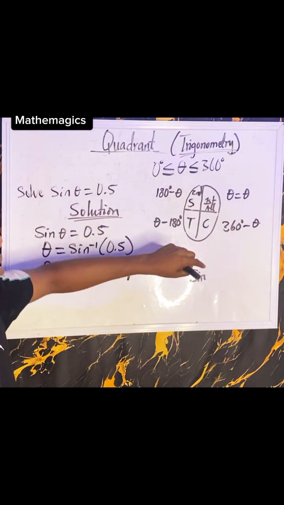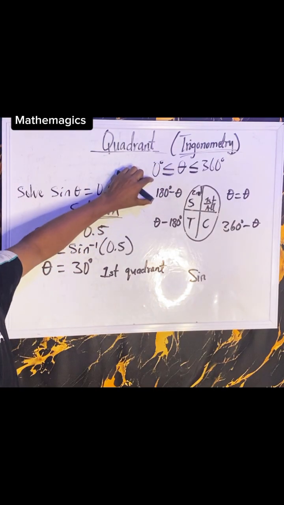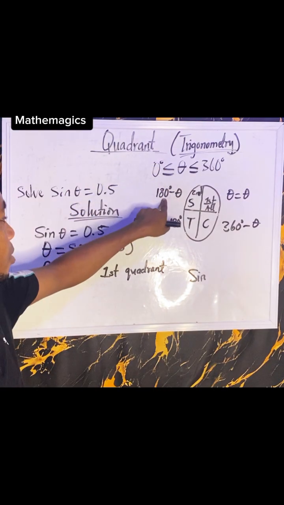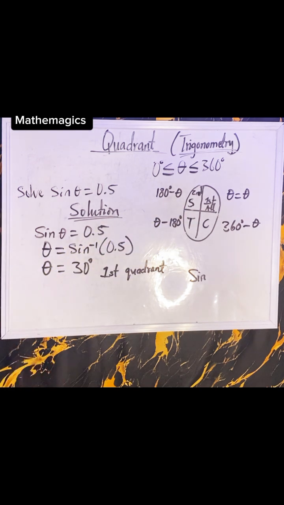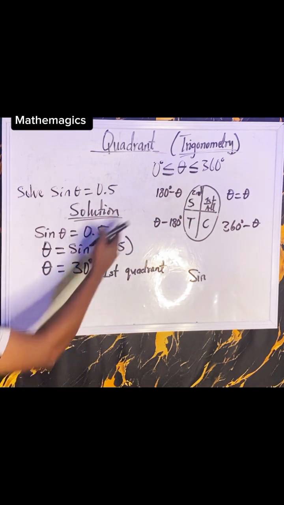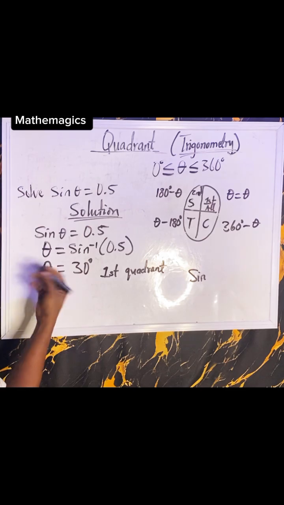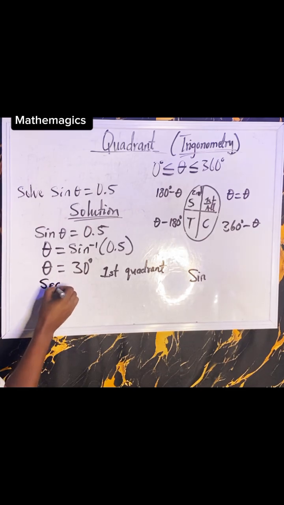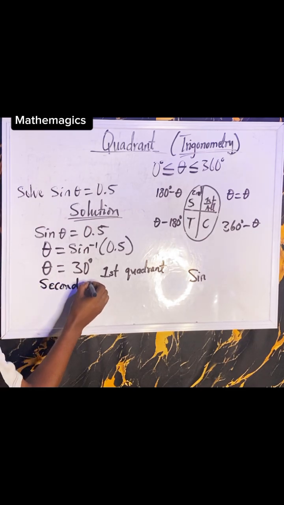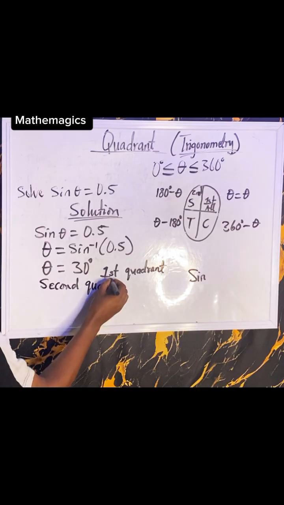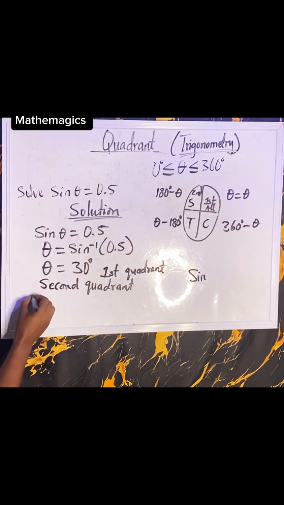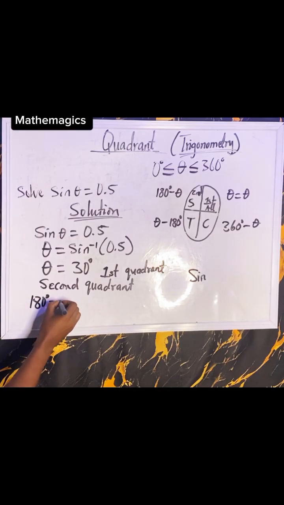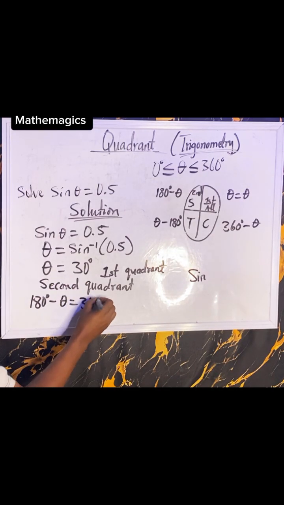And what is the expression given, or will I call it the formula? Yes, it is 180 degrees minus theta. So I'll plug it into this equation. So the second quadrant will be equal to 180 degrees minus theta, equal to this 30 degrees.